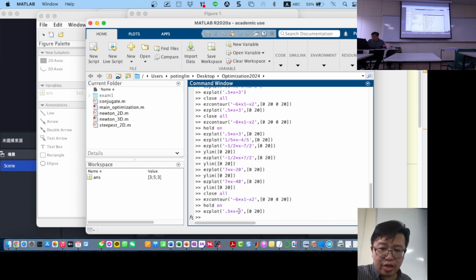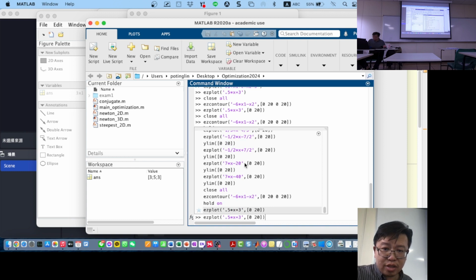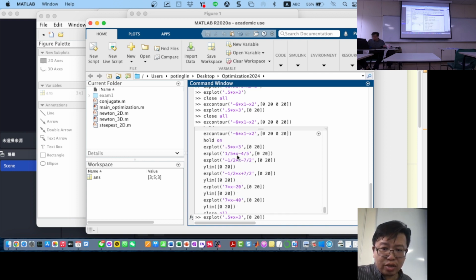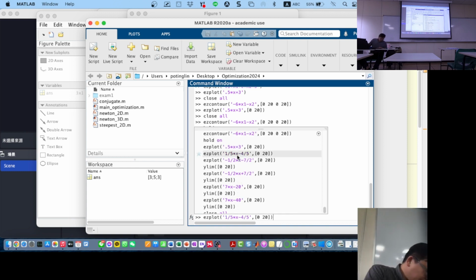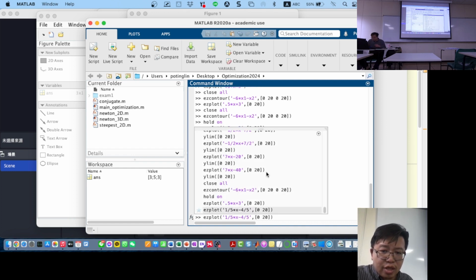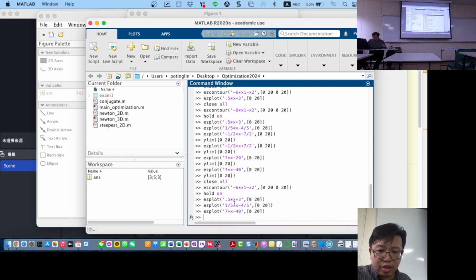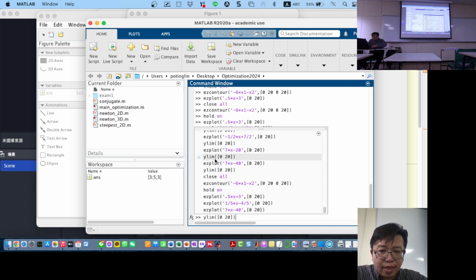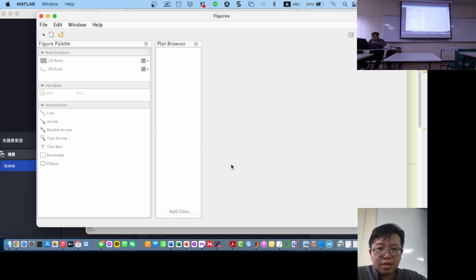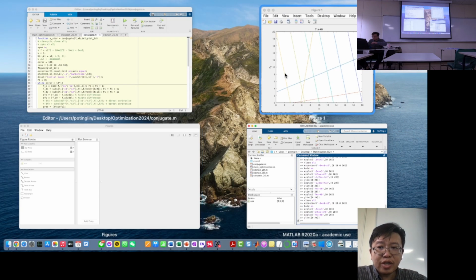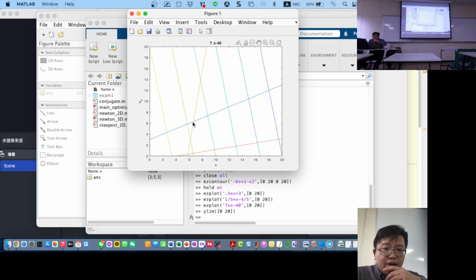This one's okay. Next one, double checking. Yes, this one's okay. The last one would be 7x. And then there's the figure. Okay, should be solvable.